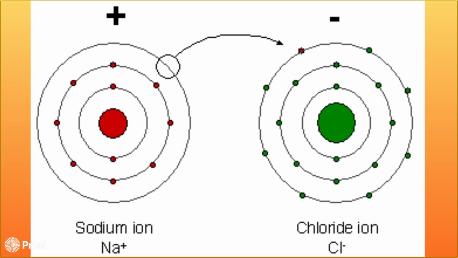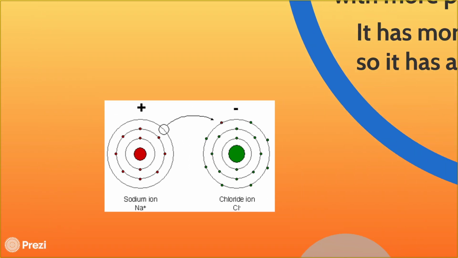The sodium now has a positive charge, and it is now an ion, and the chlorine now has a negative charge, and it is also an ion. So both of these are ions because they're charged. Sodium lost a negative charge, so now it's positive. Chlorine has gained a negative charge, so now it's negative.